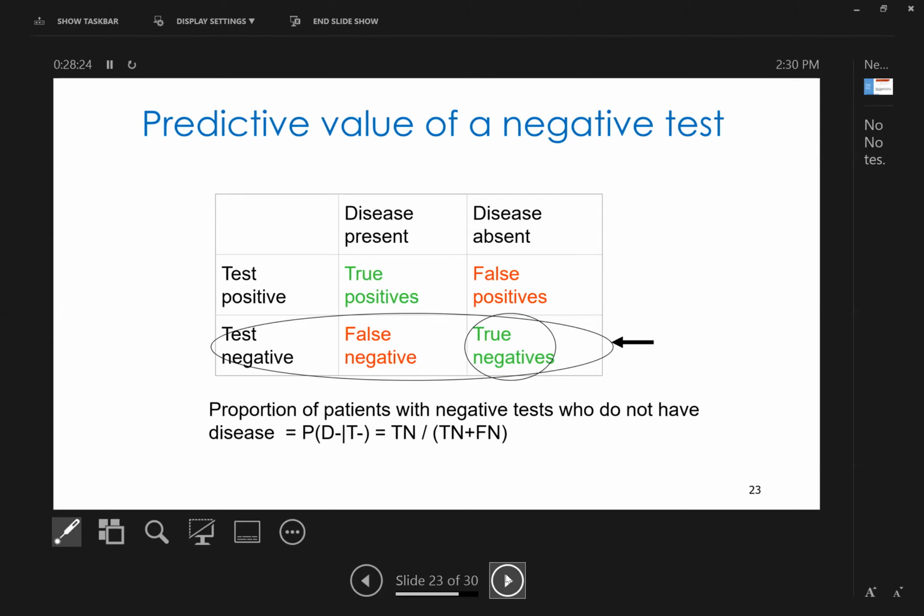So sensitivity and specificity, we look at from the directionality of a gold standard, top down, vertically, and we compute those conditional probabilities. And then for predictive values, we look at them horizontally from the perspective of the new test, and we compute the probabilities. All 4 are simple percentages that we can get from the same 2x2 table, okay?